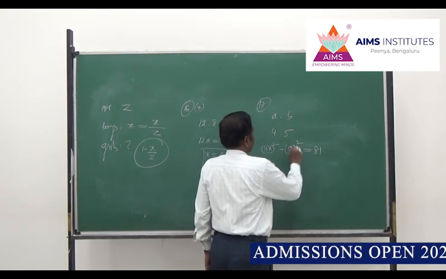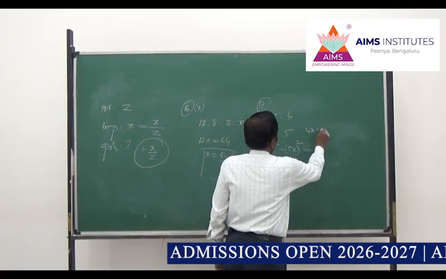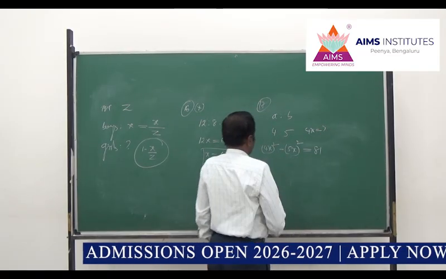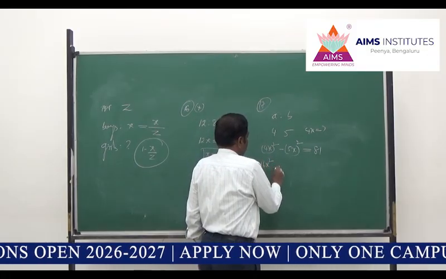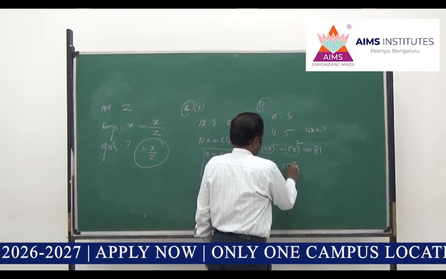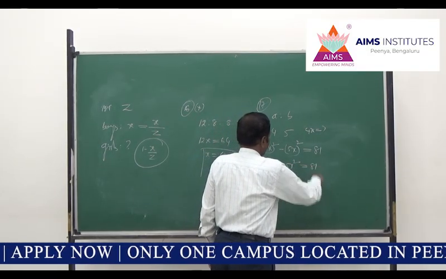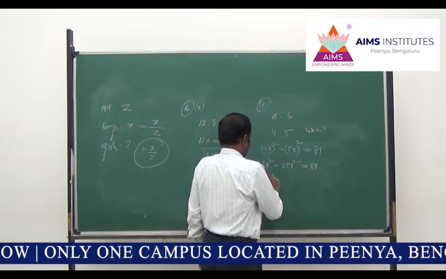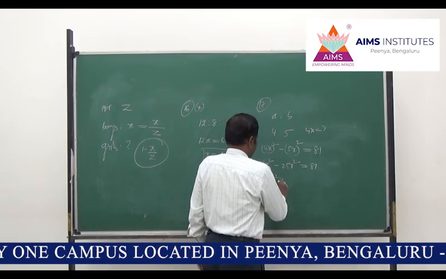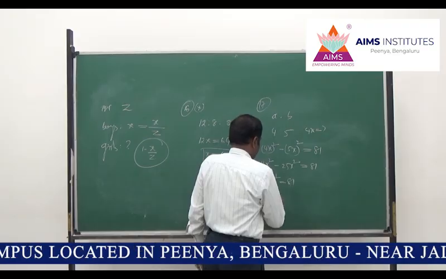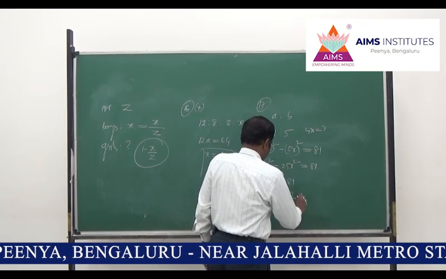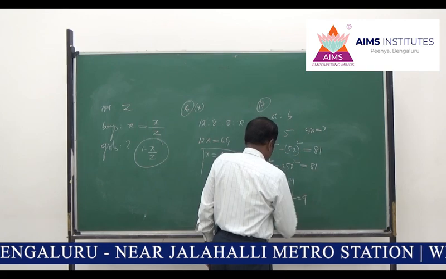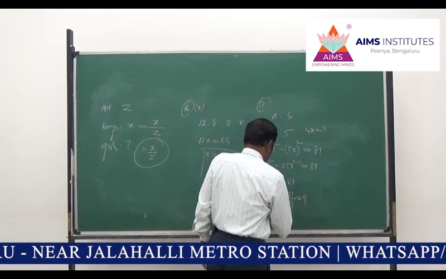Then 4x equals, no, 4 whole square: 4 into 4, 16x square minus 25x square equals 81. So 25 minus 16, 9x square is equal to 81. x square is 81 by 9, which is 9.